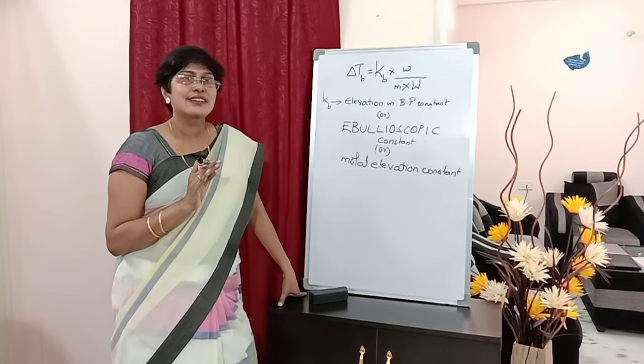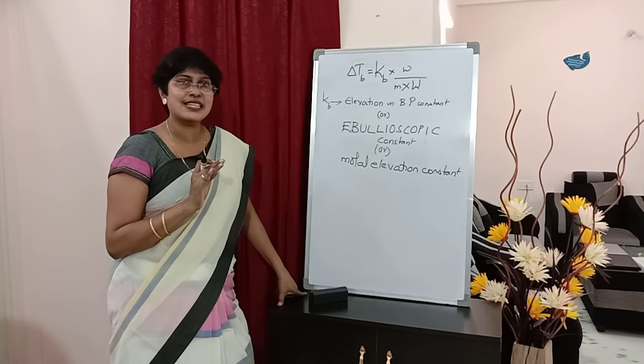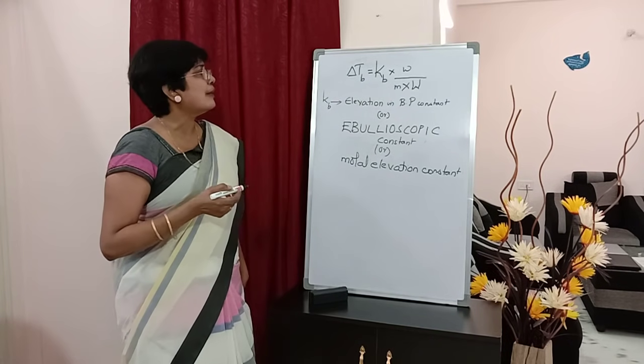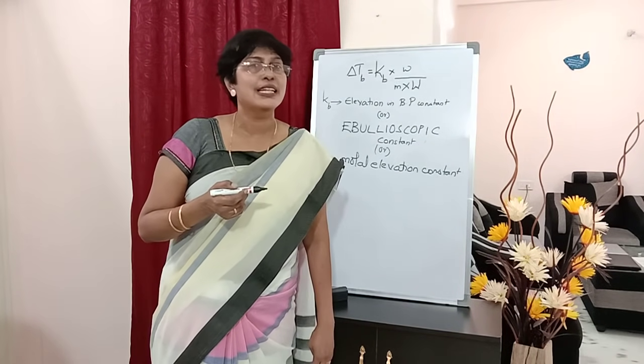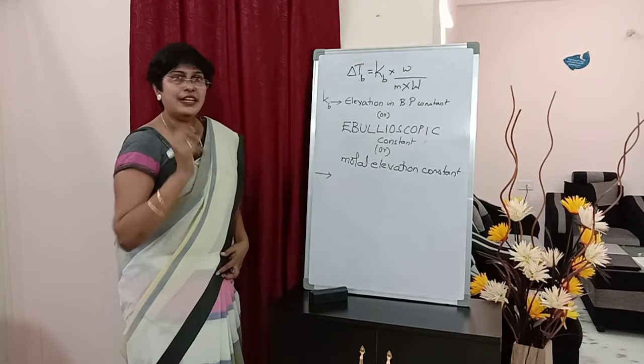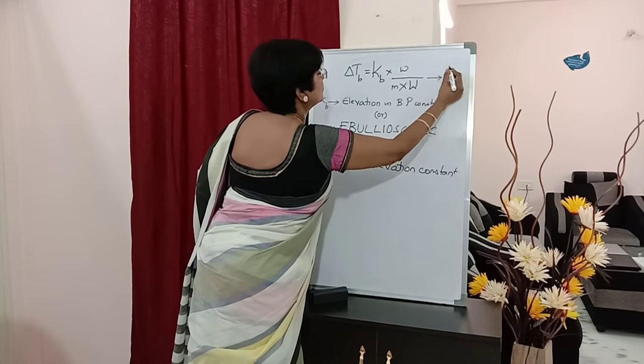Written? Okay. Now, moving on to the next step. So, we got delta TB is equal to KB into small w by small m into capital W. Here, give this expression number 1.